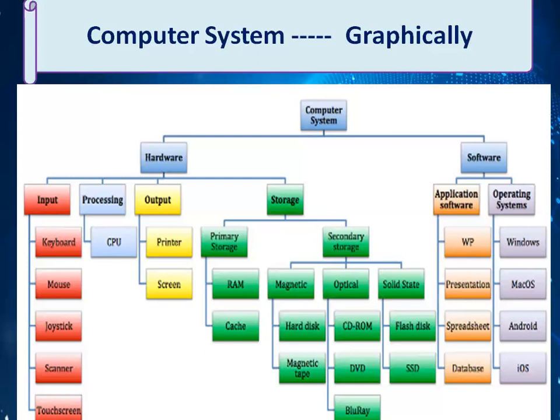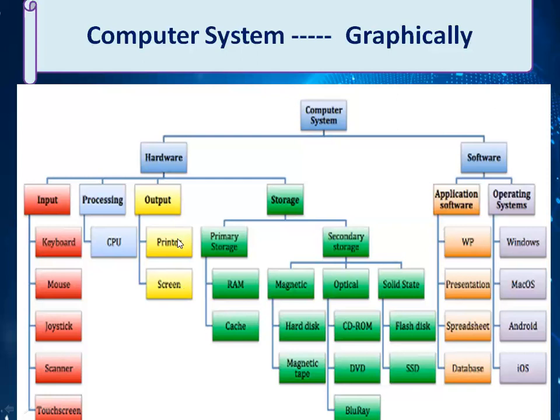Then we have output devices. The data processed into useful information is called output. Output devices are used to display the results of processing. The most commonly used output devices are monitor and printer or screen. You can classify output devices into two major types: hard copy output devices and soft copy output devices.